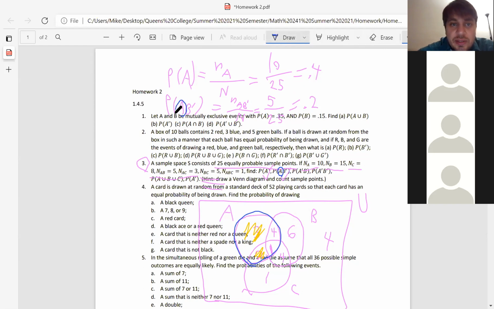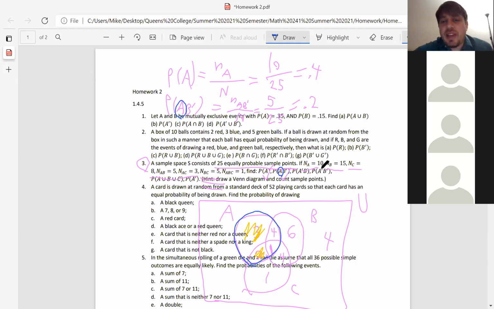That means it has to be in A and not in B. And so it has to be in the circle A and not in B. So you see how the yellow sections are the only sections in circle A and not in B? Does that make sense? Okay, good.